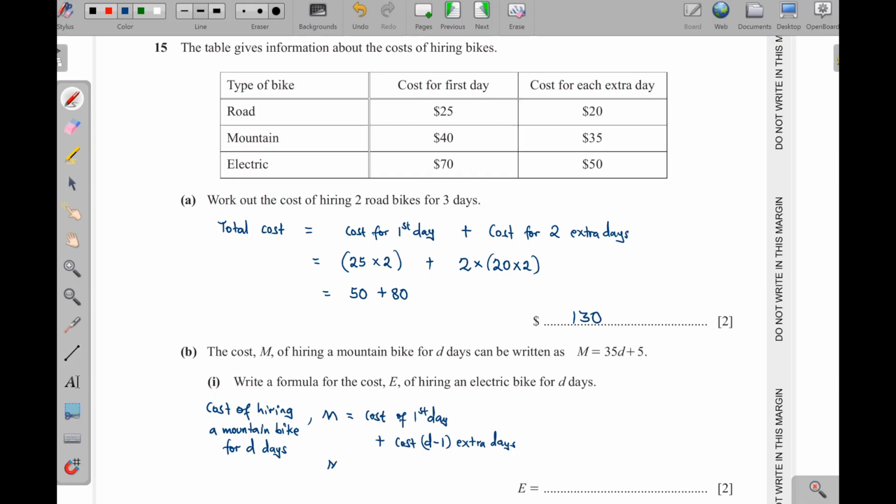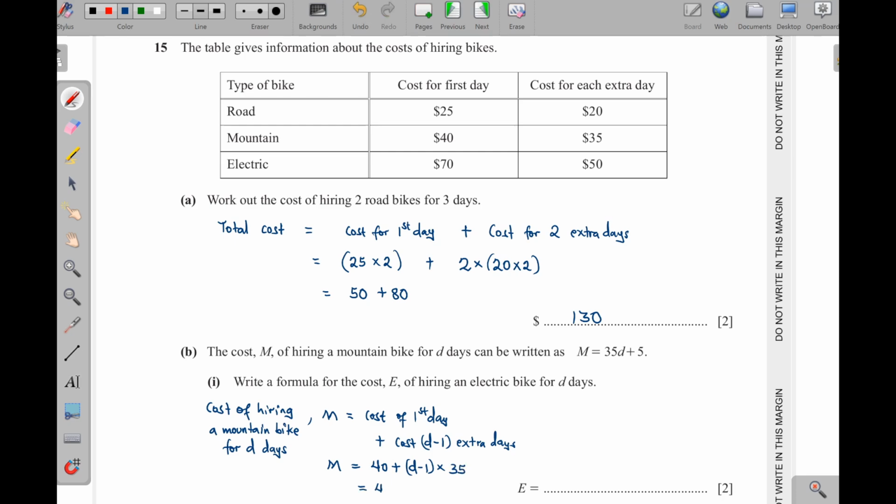So look at this one here. M is going to be equal to the cost of the first day for the mountain bike is 40. Then plus D days. We are going to have D, these extra days, D minus 1. But the cost here for extra days is what? 35. So we're having 35 here.